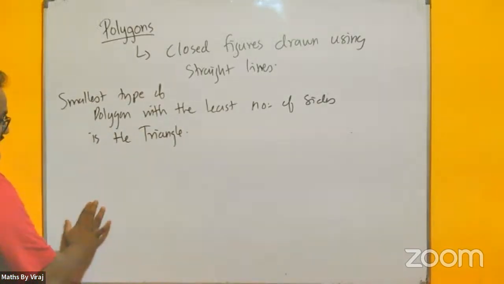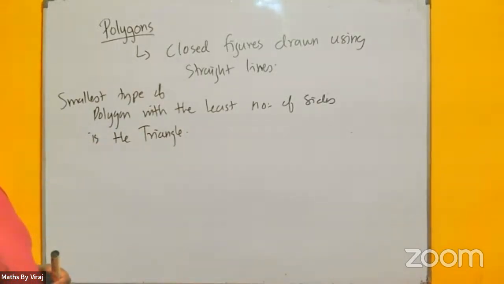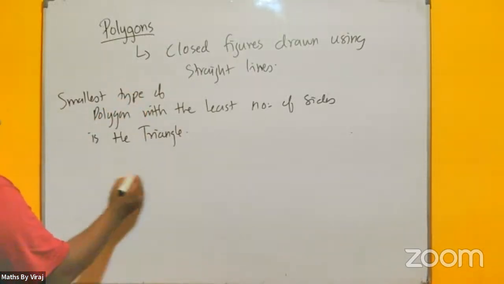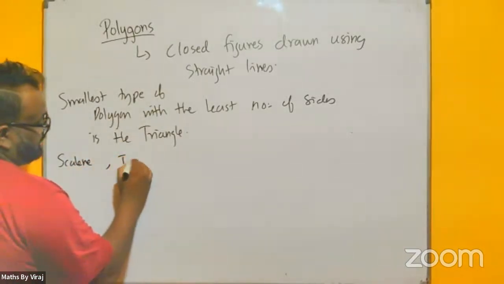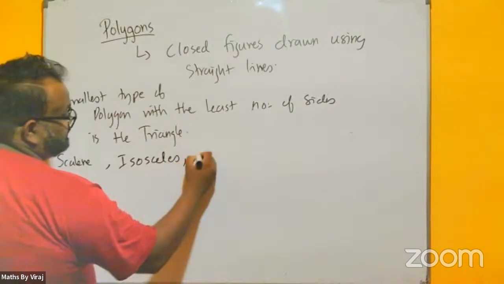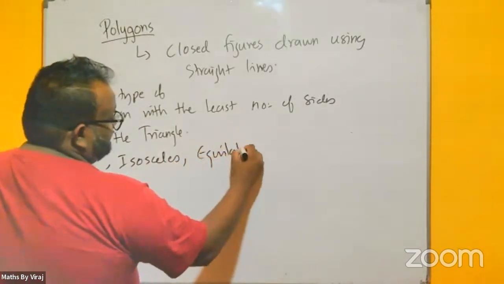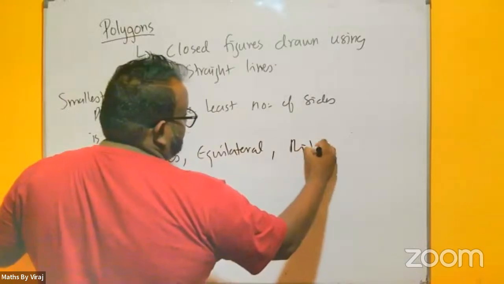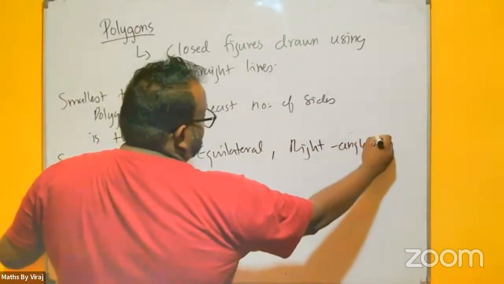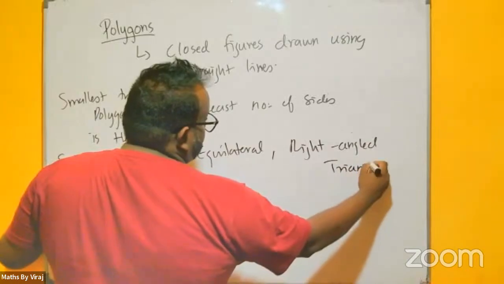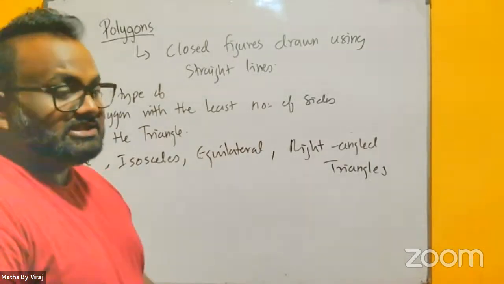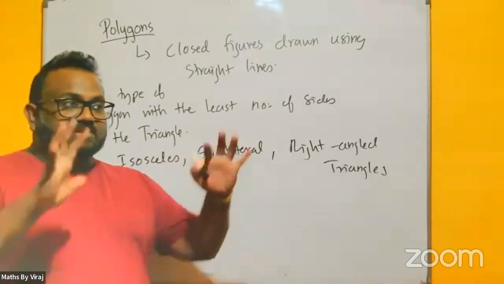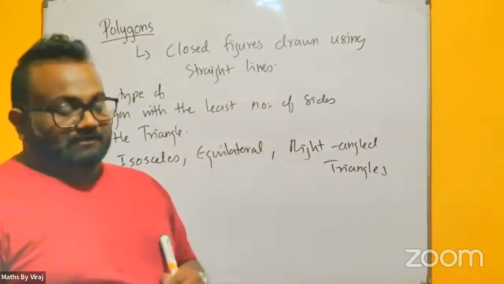So, triangles are divided into 4 types: scalene, isosceles, equilateral, and right angle triangles. These are the basic, huge categories that we have.